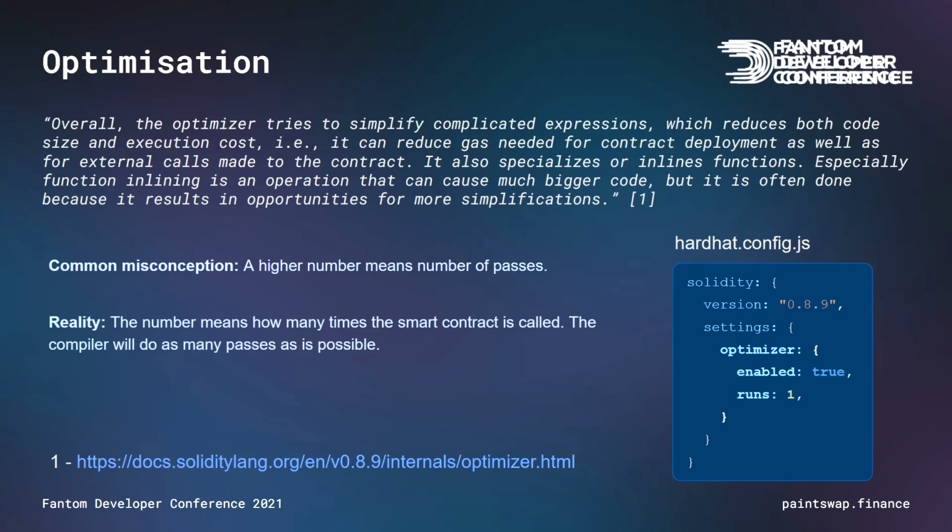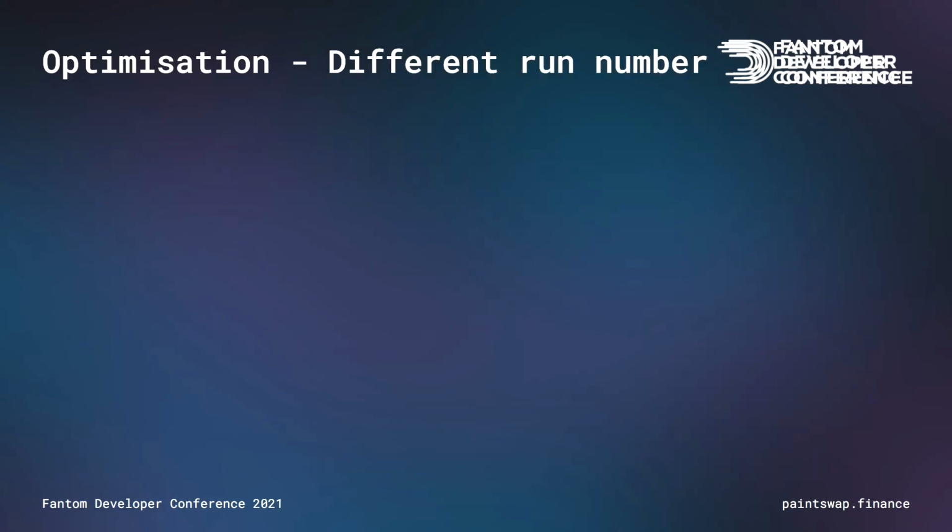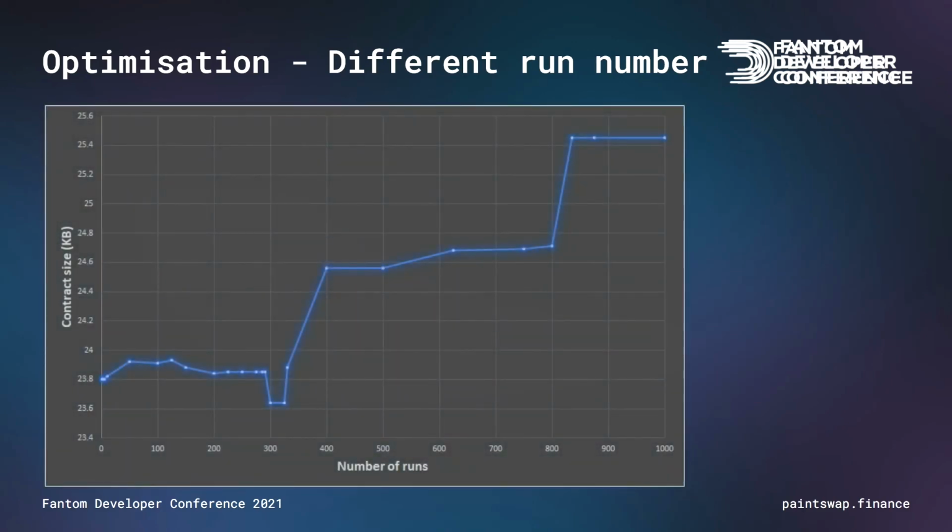So I thought I would put the optimizer to a test, and I ran it through a very complicated smart contract that I was always hitting the smart contract size limit for, and I used a different number of runs for it, and these are the results I got. So with a very low number of runs, like 1 to 10, it started off at 23.8 kilobytes, and then as expected, up to about 50 it was increasing.